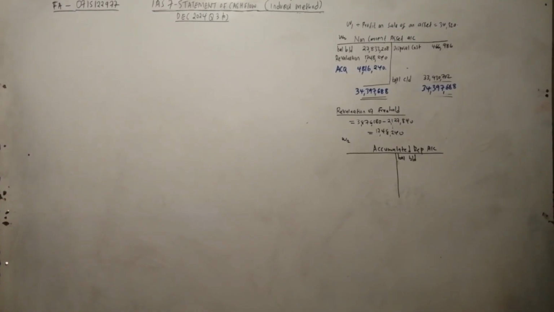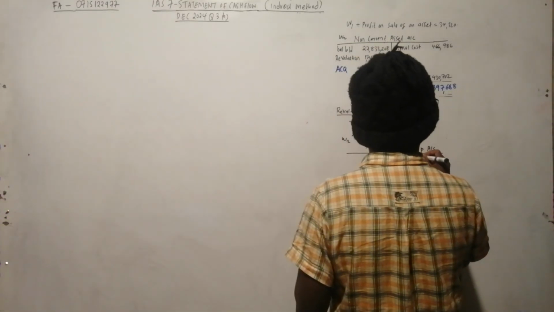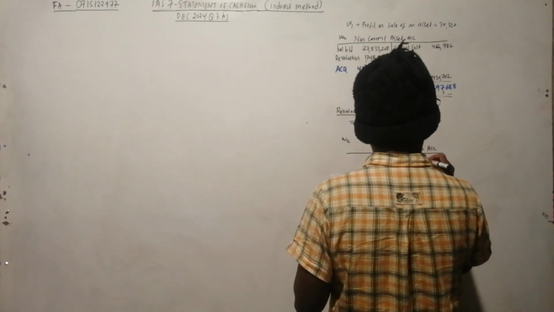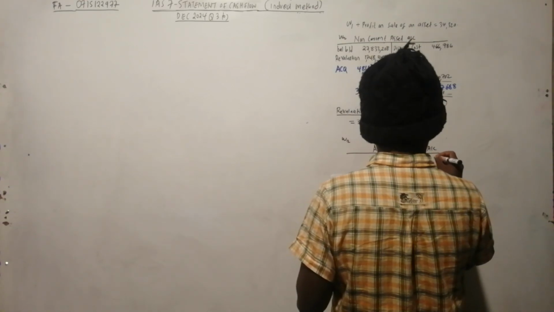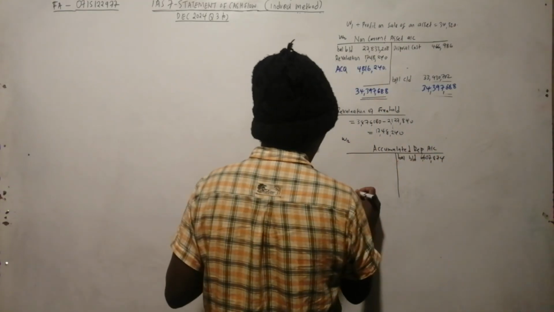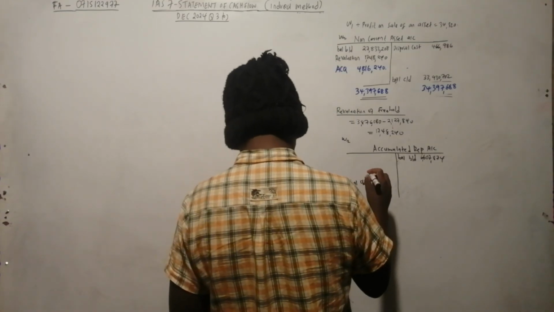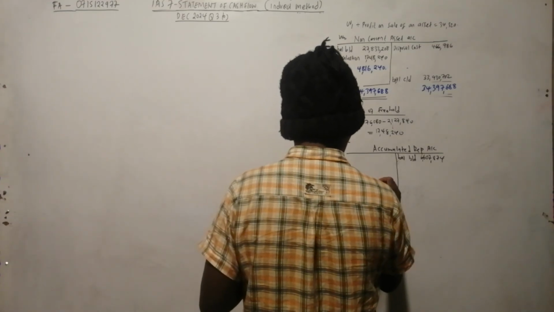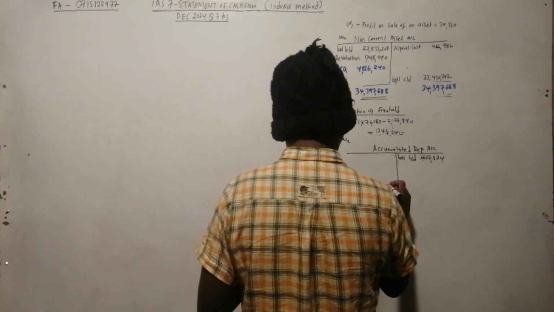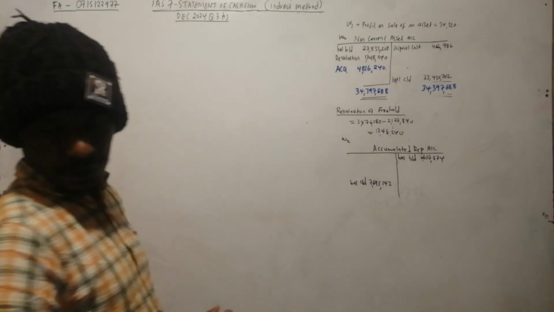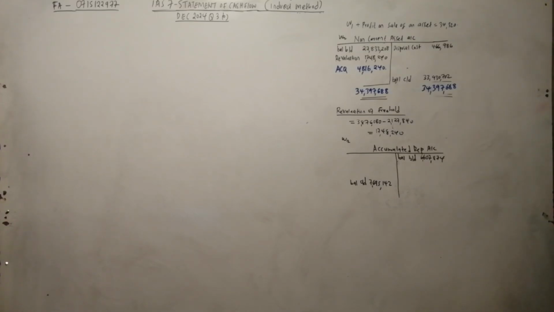Accumulated depreciation up there. The balance brought down for the accumulated depreciation is 6607,874. Then the balance carried down is 7695,142. That is in the balance sheet.